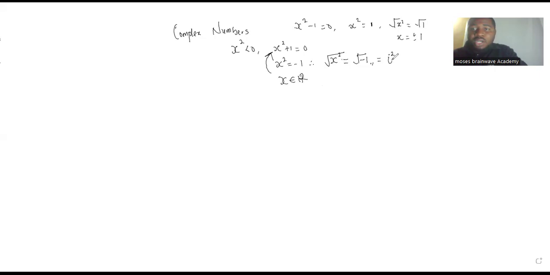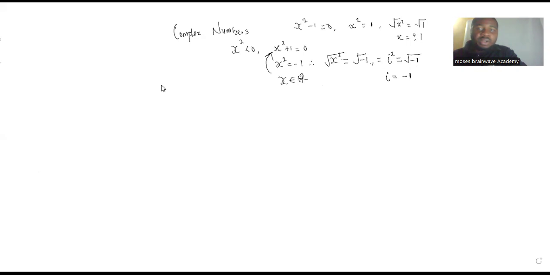Therefore, i squared is equal to negative 1, or alternatively, i is equal to the square root of minus 1.